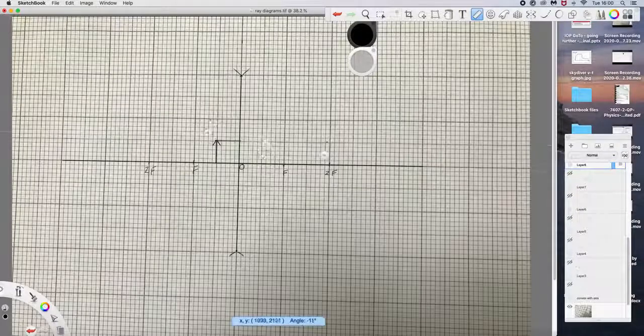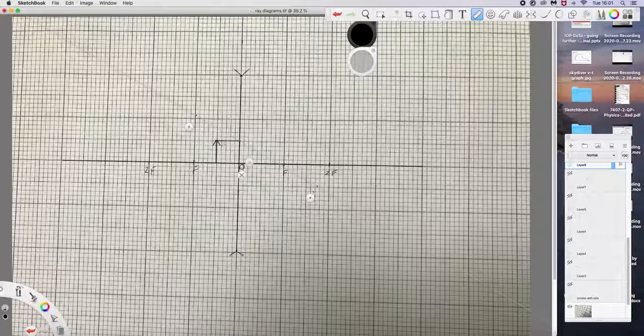With a diverging lens, well, it doesn't make any sense for it to converge, does it? So what it will do is diverge as if it came from the focus. So there's the focus.